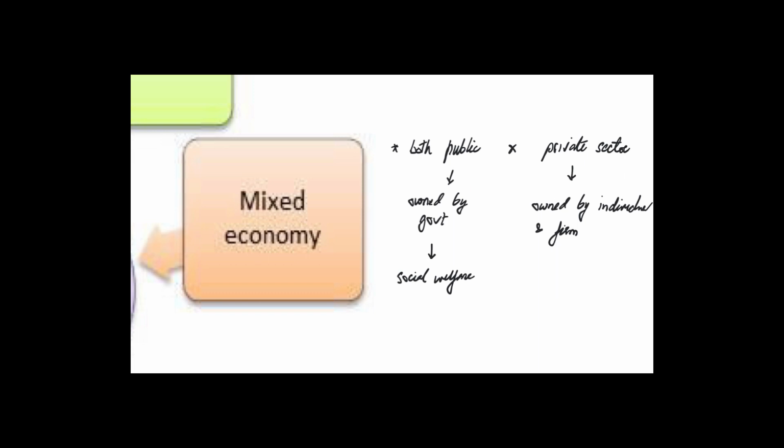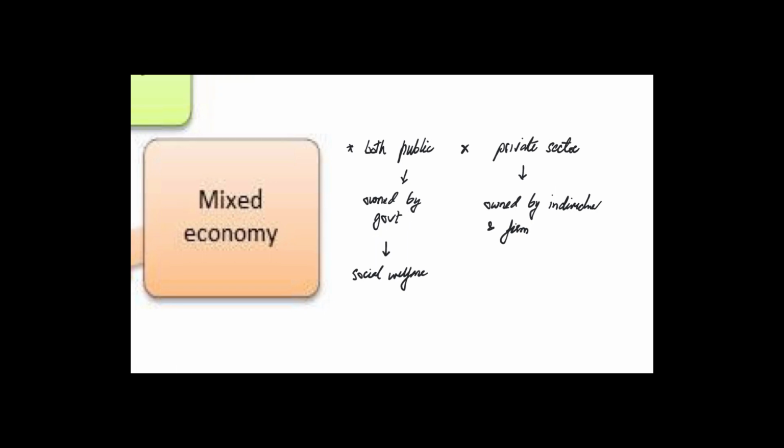So far we're saying mixed economy has both public and private sector. It's a combination percentage wise. Public sector is owned by social welfare. So this is what the public sector of the mixed economy is.